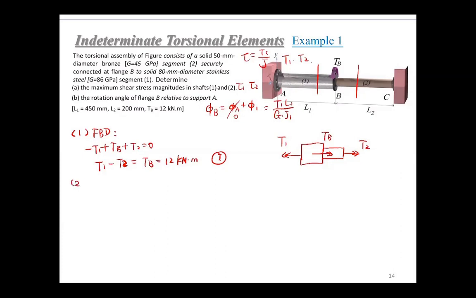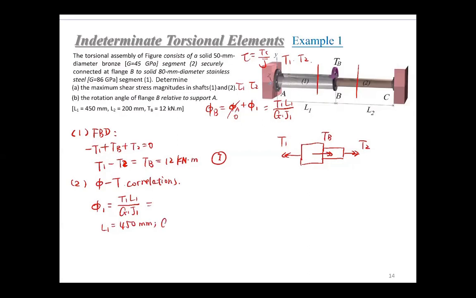The second step will be to establish the twist-torque correlations. Phi 1 equals T1 L1 over G1 J1. Here we know a lot of these parameters. L1 is 450 millimeter.